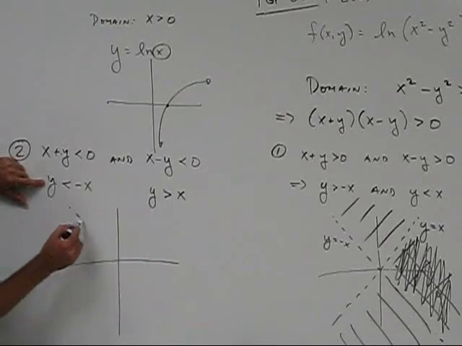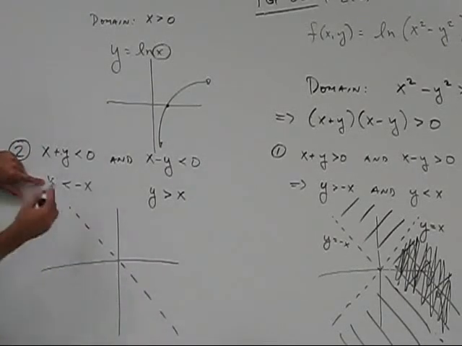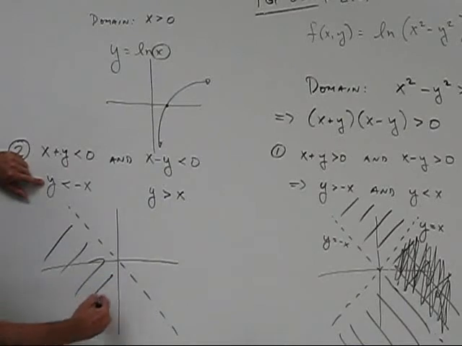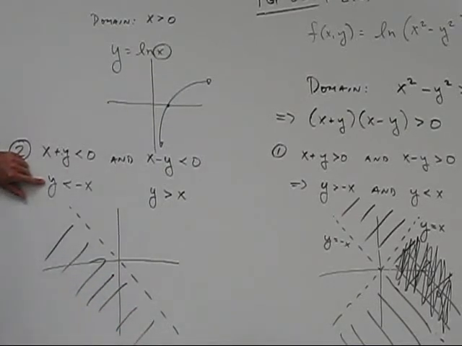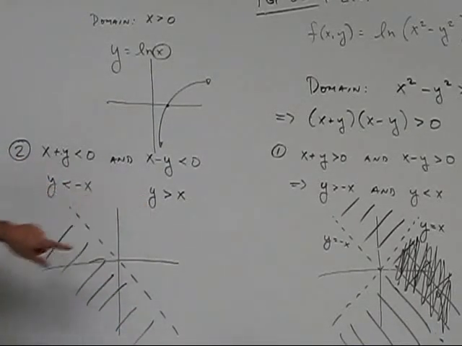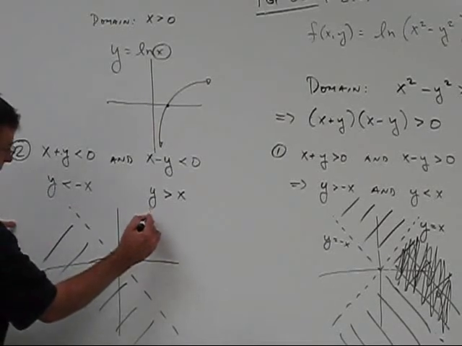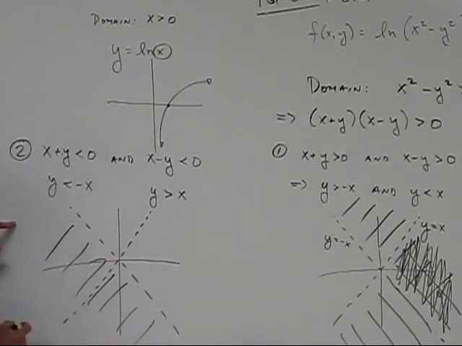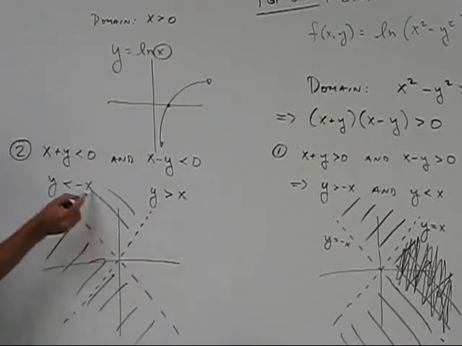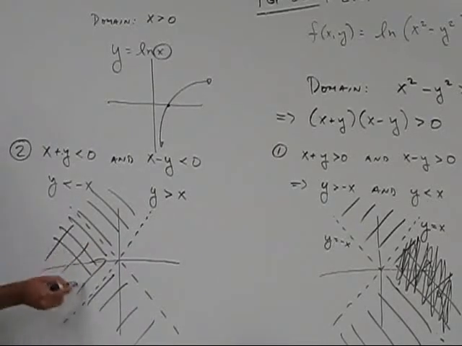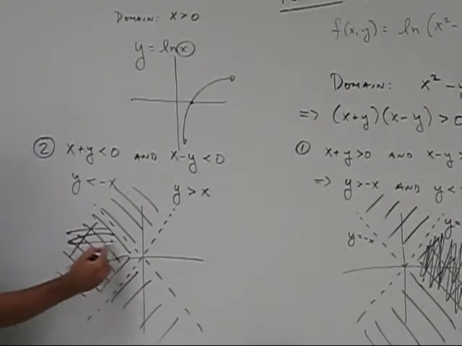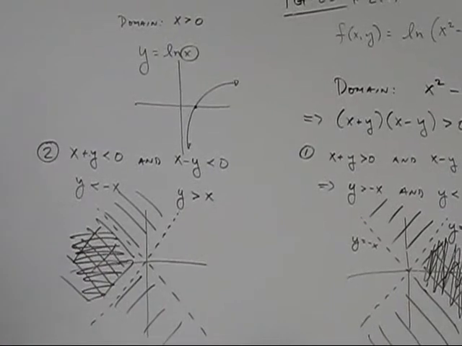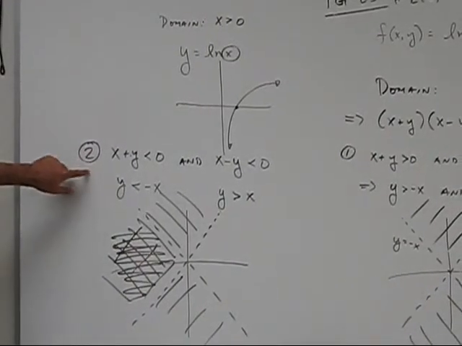Negative x is like so. Y less than negative x is all of this stuff. Y greater than x, here's y equals x. When y is greater than that, it's all of this stuff. And so this region right here is what I get for this second condition.